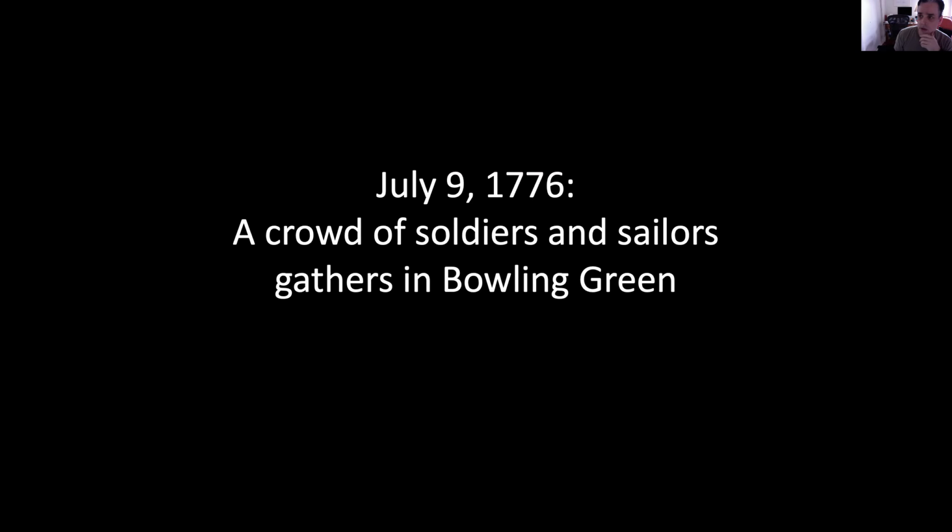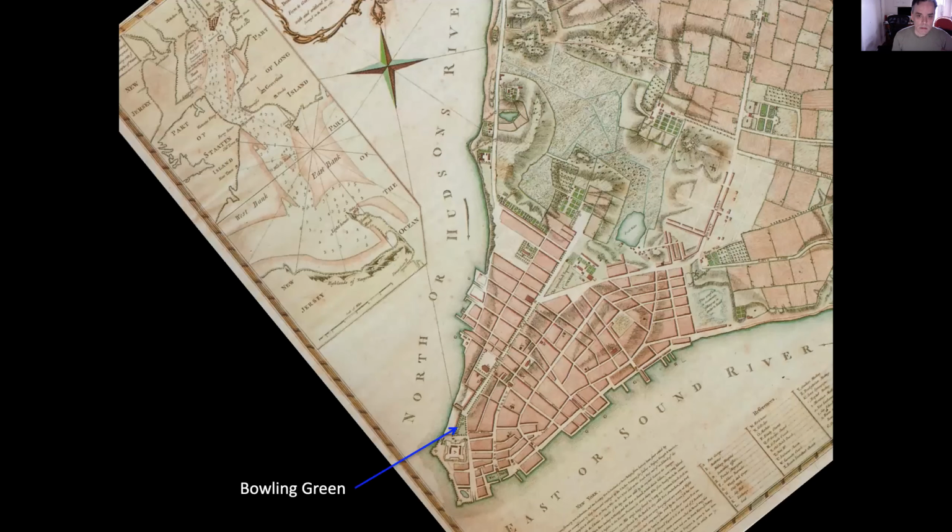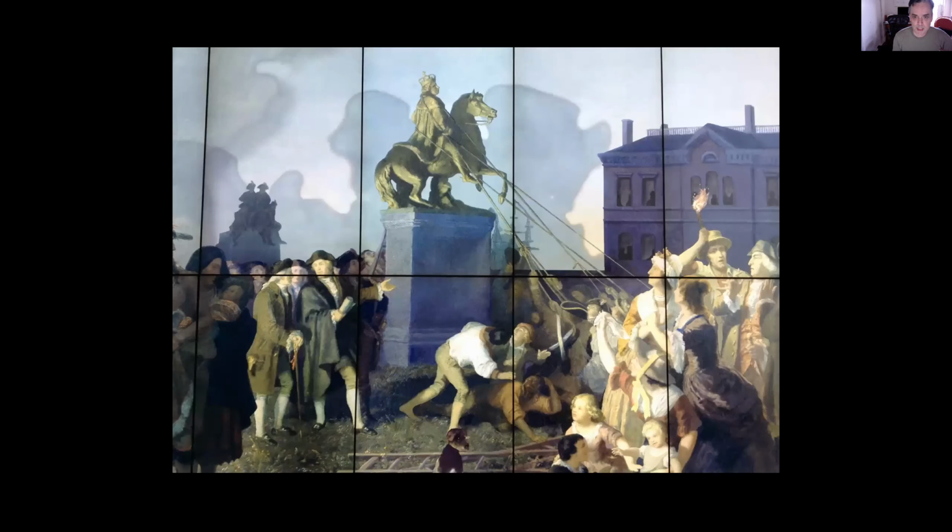So a crowd of soldiers and sailors gathered in Bowling Green, riled up from hearing the Declaration of Independence. And there you can see Bowling Green. So they marched down Broadway, gathered at Bowling Green, and they did something that was really sacrilegious to the British.